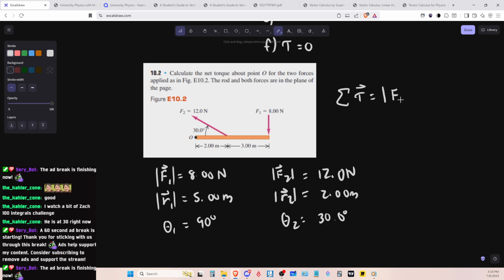We'll do it like this: r1 F1 sine of theta 1 minus F2 r2 sine of theta 2.